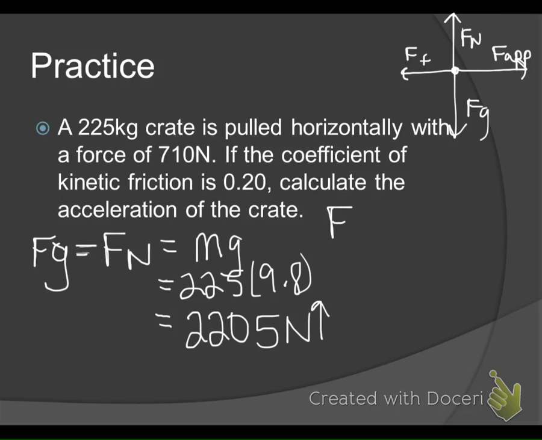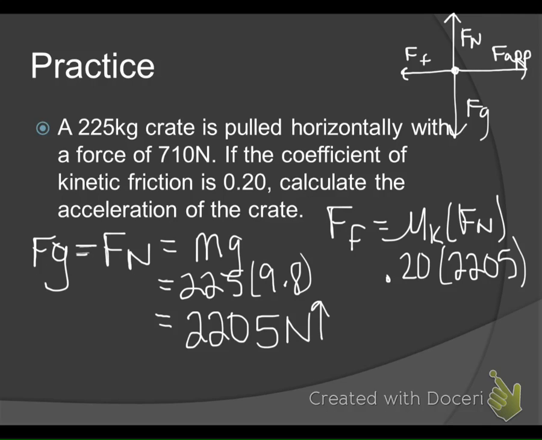So F sub F equals our coefficient of kinetic friction times our normal force, which equals 0.20 times 2205, and that equals 441 newtons. And that's our frictional force, so it's going to be going to the left.